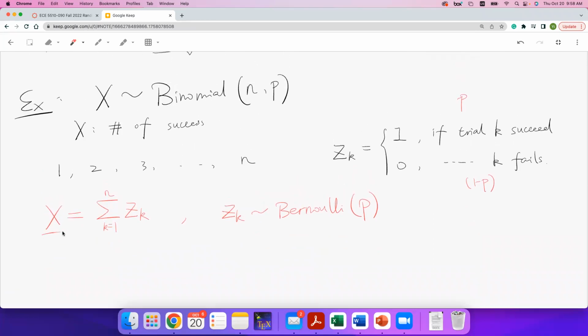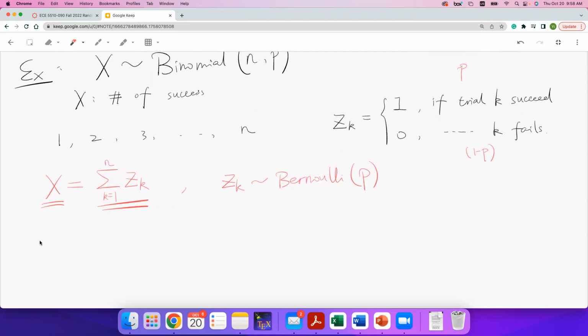Okay, so the binomial can be decomposed into a sum of these Bernoulli random variables. And in order to calculate the mean, I can leverage the linearity. Okay, just need to calculate the sum of the expectation of each individual Bernoulli random variable.